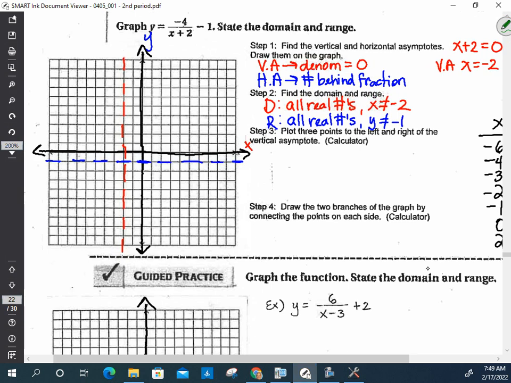Plot -6, 0; -4, 1; -3, 3. Notice that the points are curving up, so your graph should be curving up.